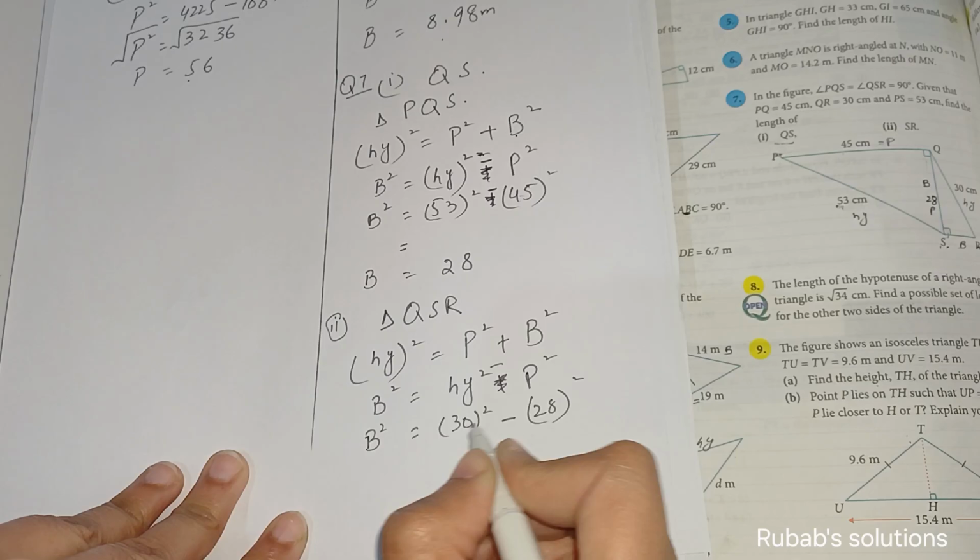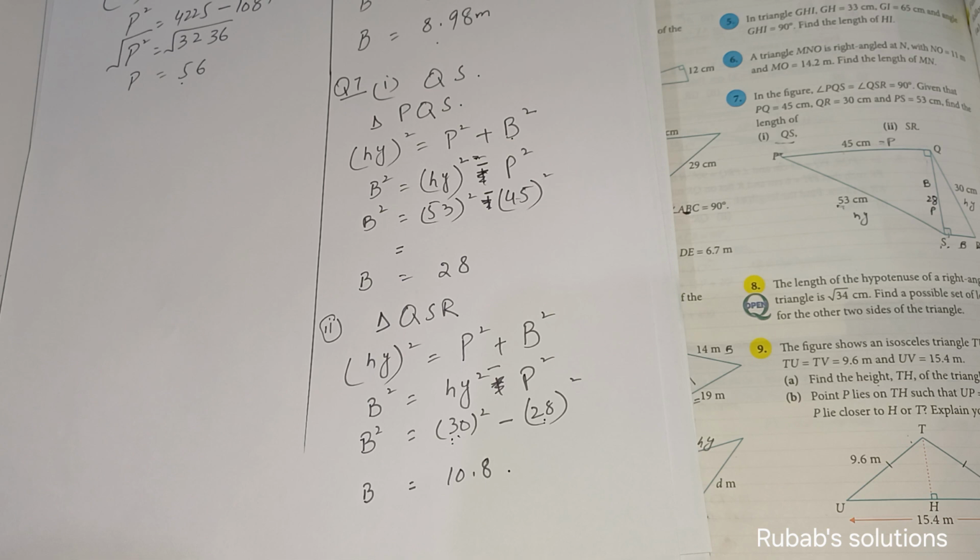and now we have to find the base. So hypotenuse square is equal to perpendicular square plus base square. So base square will be equal to hypotenuse square minus perpendicular square. After putting the values you can interchange their places, or before, it's your choice. So hypotenuse square is 14.2 square minus perpendicular square is 11 square.